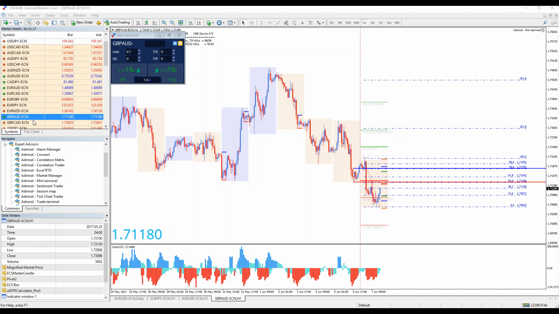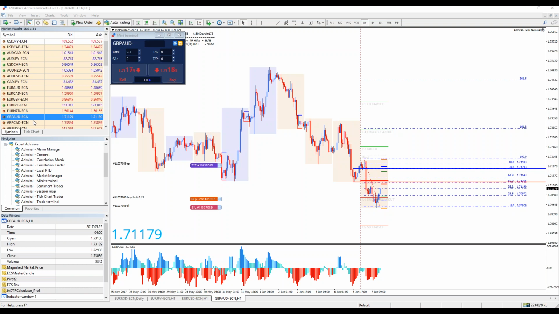Okay, 1.7086. Then we have stop loss 1.7060, and TP is 1.797190. Okay, now we have it.